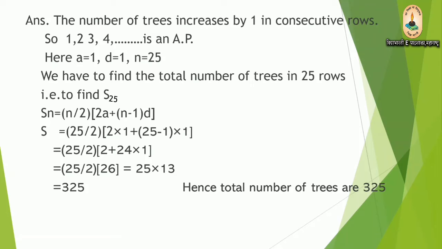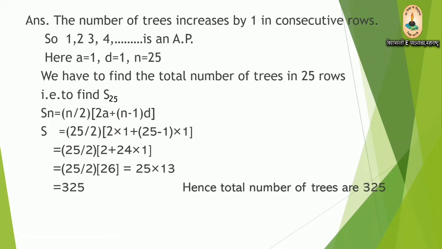Substituting the values of n, a and d, we get S25 is equal to 25 upon 2 in bracket 2 into 1 plus 25 minus 1 into 1. Simplifying this, we get S25 is equal to 25 upon 2 in bracket 2 plus 24 into 1 equal to 25 upon 2 into 26.